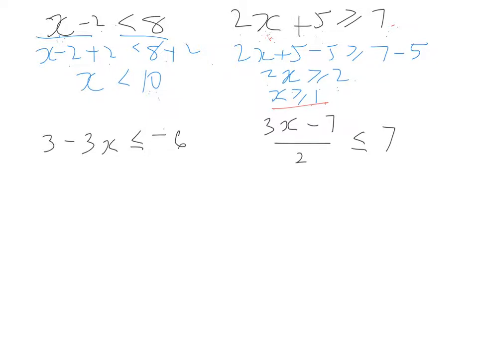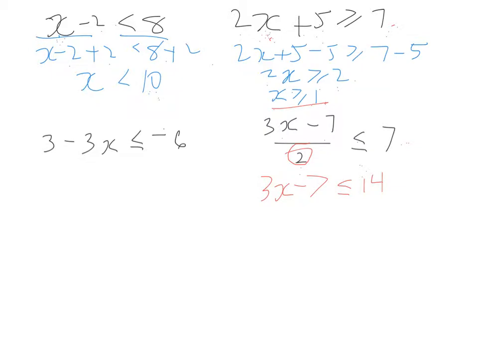Okay, here it gets a little bit tricky. Actually, we'll do this one. So we've got 3x minus 7 divided by 2 is less than or equal to 7. Same deal, we've got to multiply both sides by 2 because we are dividing this side by 2. So we'll have 3x minus 7 is less than or equal to 14.